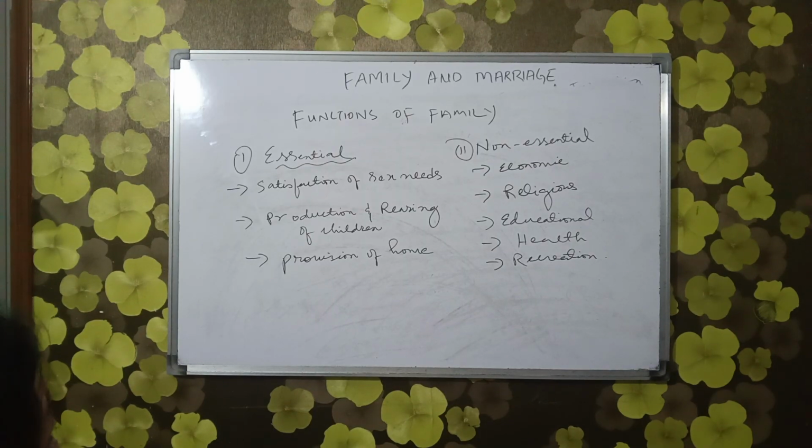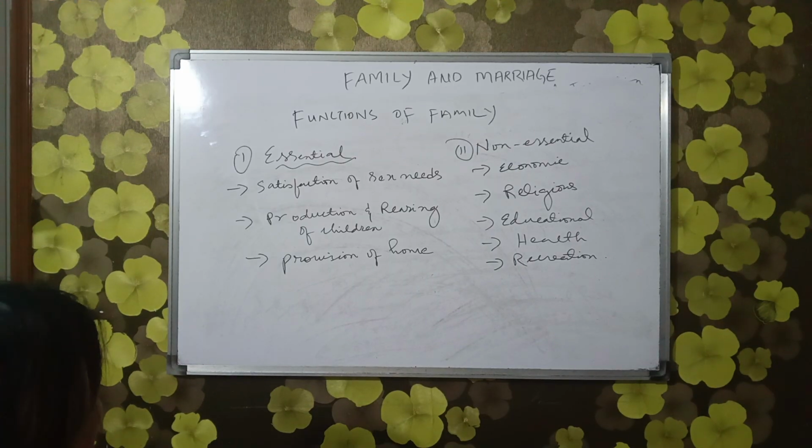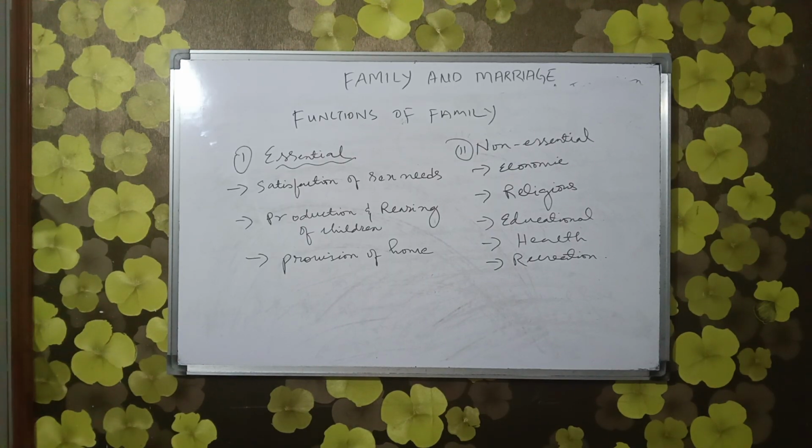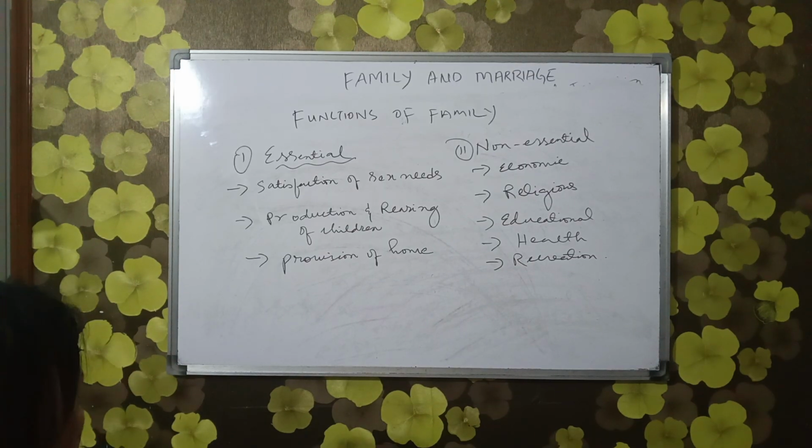So in non-essential, economic, religious, and also educational. Education is one of the non-essential functions of family. Health, and the last one is recreation. Recreation includes hobbies, spending leisure time with family. All these things will come under recreation.